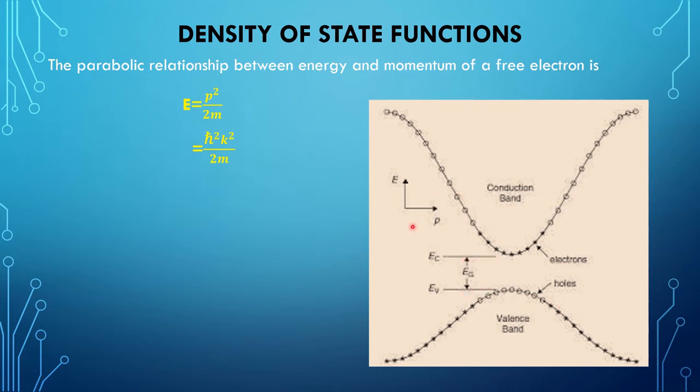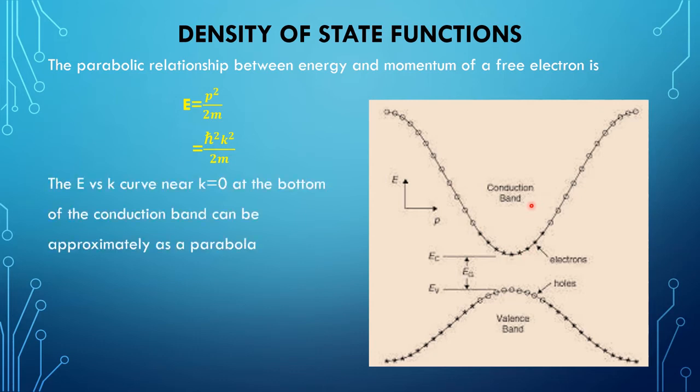At K equal to 0, that means at the bottom of the conduction band, we can consider this curve as a parabola. That is, the E versus K curve near K equal to 0 at the bottom end of the conduction band is approximately a parabola.